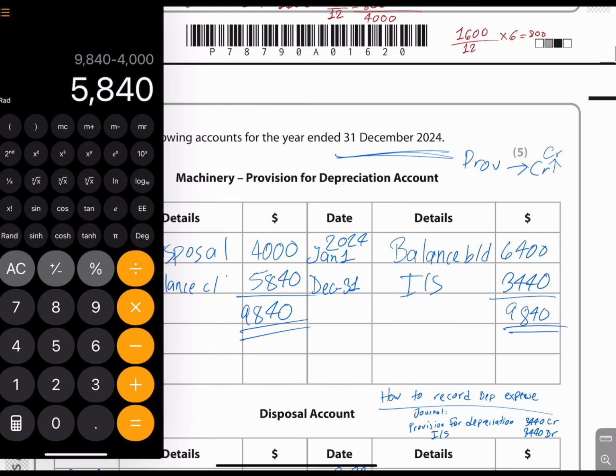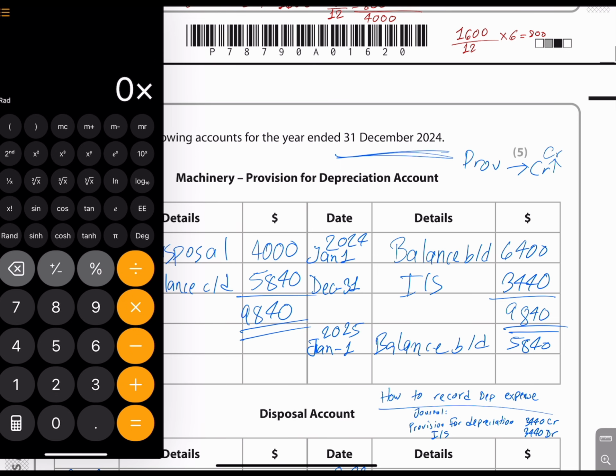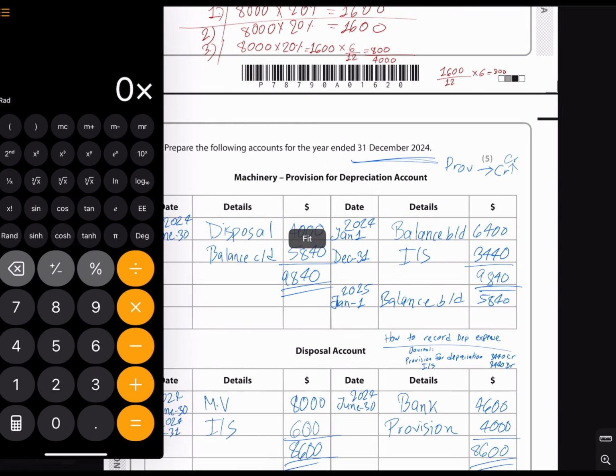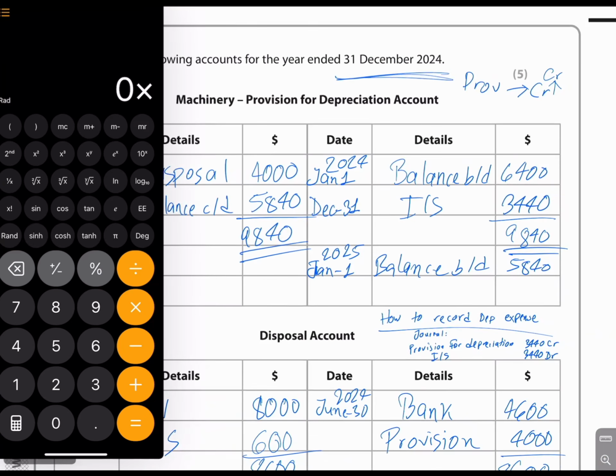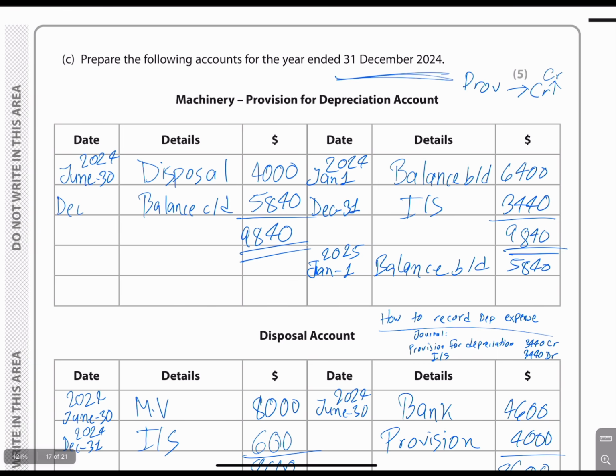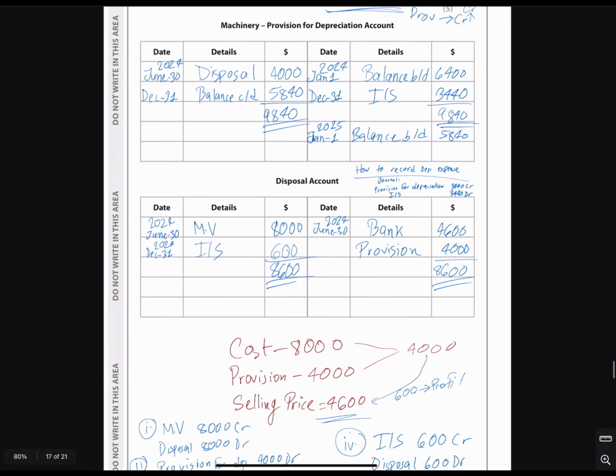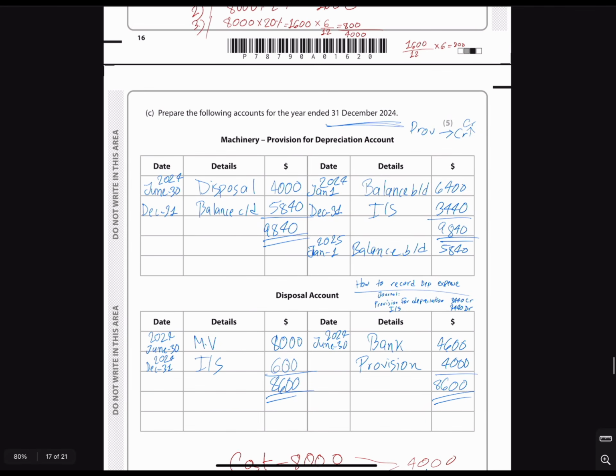That's c/d, and b/d here, on the right side. So here goes the solution for the depreciation part as well. Now, what about the date? Yes, important part. December 31st, 2024. So we are done with the depreciation part.